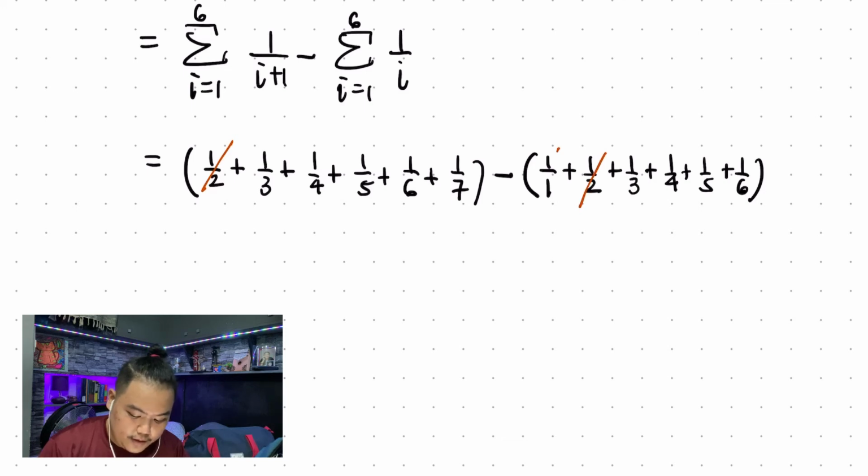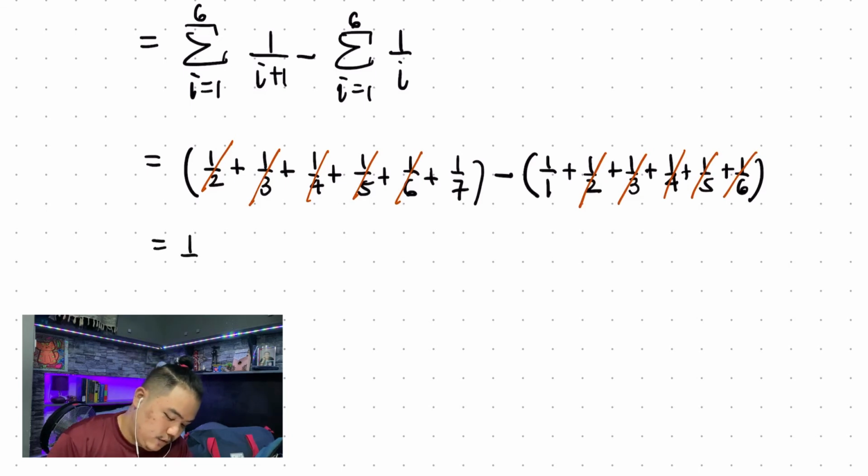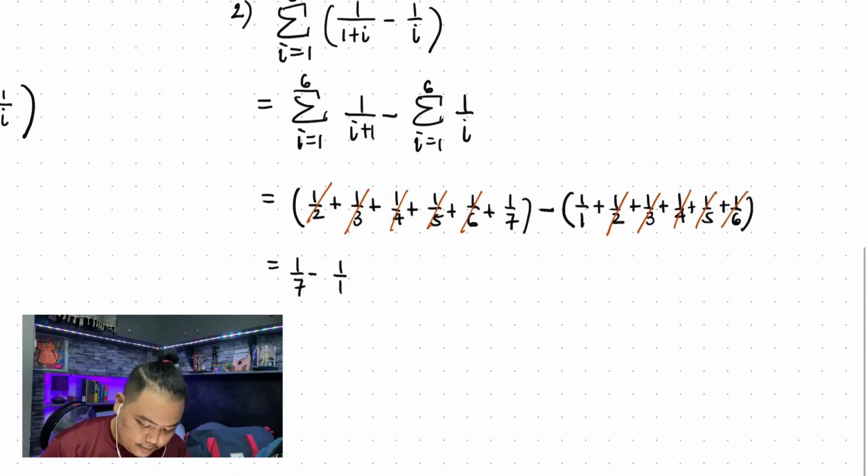Tapos, ano pa ba? 1/3 with 1/3. 1/4 with 1/4. 1/5 with 1/5. 1/6 with 1/6. At yung matitira sa atin is 1/7 minus 1/1. O, diba? Madali lang siya.